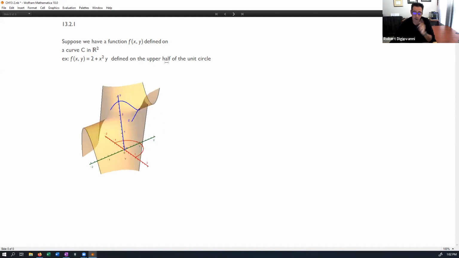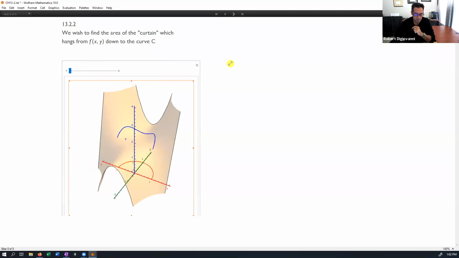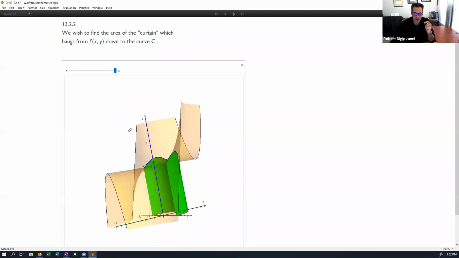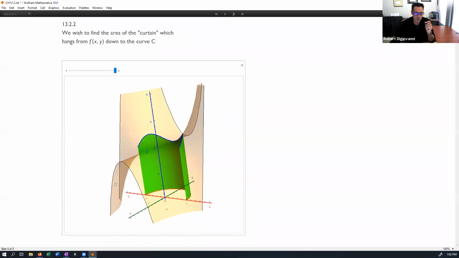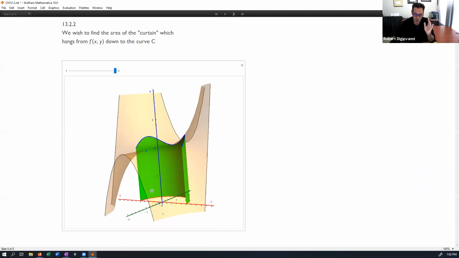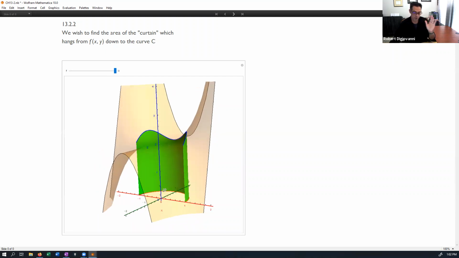And then what we're doing for a line integral is we're dropping a curtain that comes down from that curve up on the surface down onto the ground. And the line integral represents the numerical value of the area of that curtain. Okay, so that's the whole goal, is what's the area of that green curtain, so to speak.